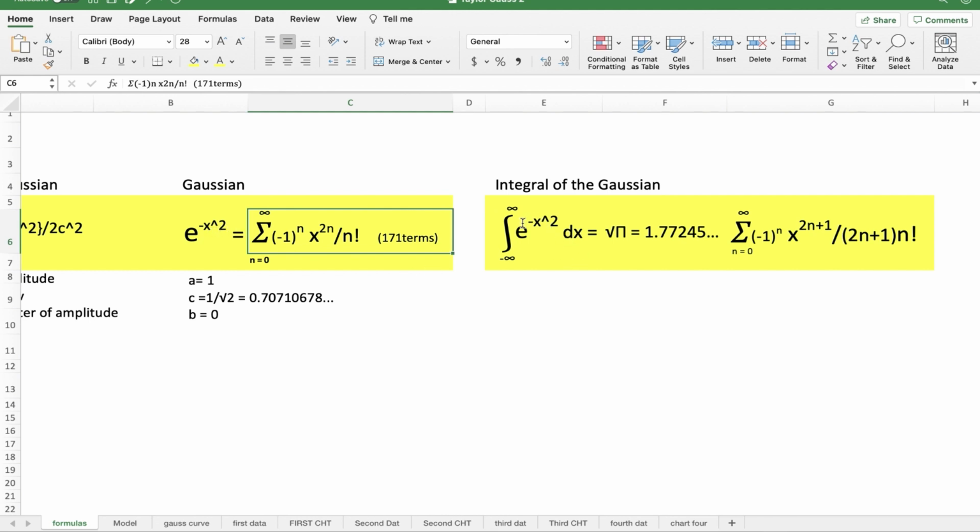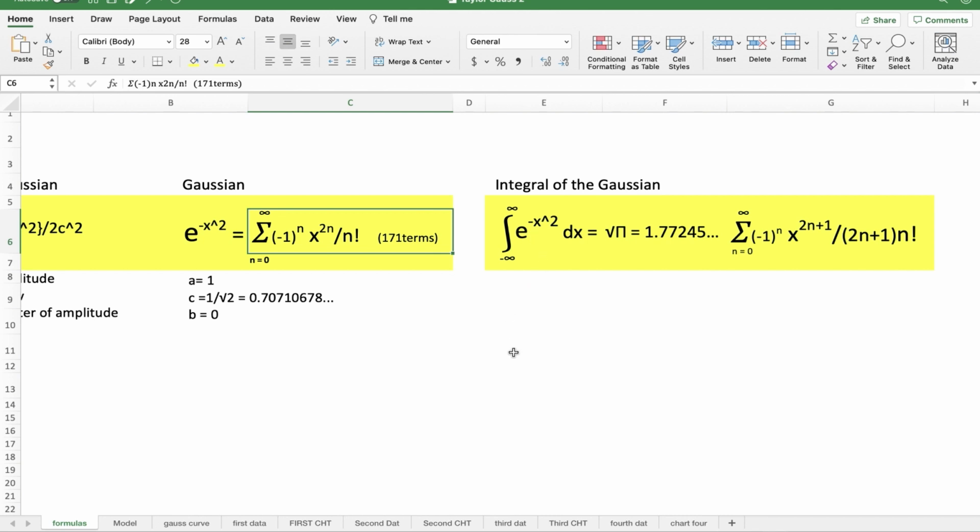And the integral, now, this is an interesting part, because the integral of e to the minus x squared, or the integral of the Gaussian, can only be solved over the infinite domain, when x is minus infinity to plus infinity. That's the entire domain of the curve. And there is a special trick to solving this integral.